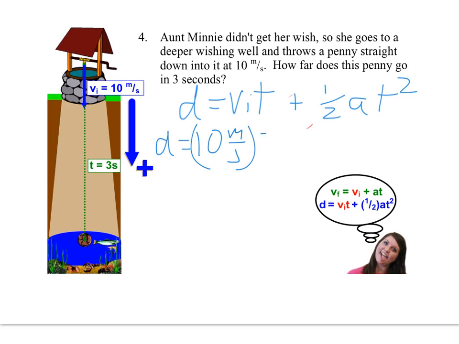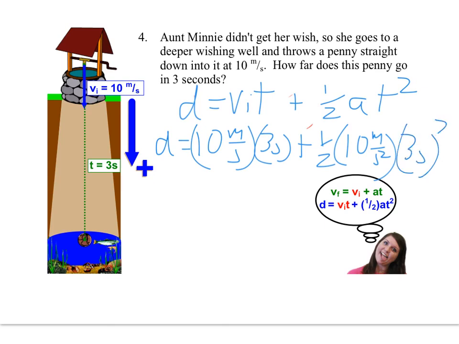So I'm going to sub in a time of 3 seconds. To this I'm going to add 1/2 times the acceleration of gravity, 10 meters per second squared. And one more time, there's that positive arrow, so anything down is positive. So in this case, gravity is a positive value, times 3 seconds squared.